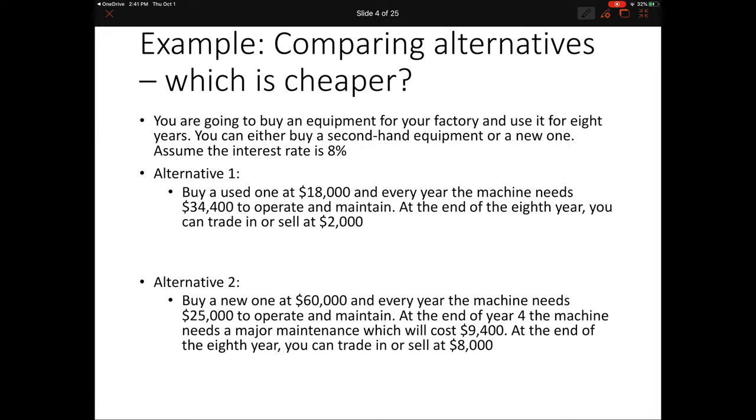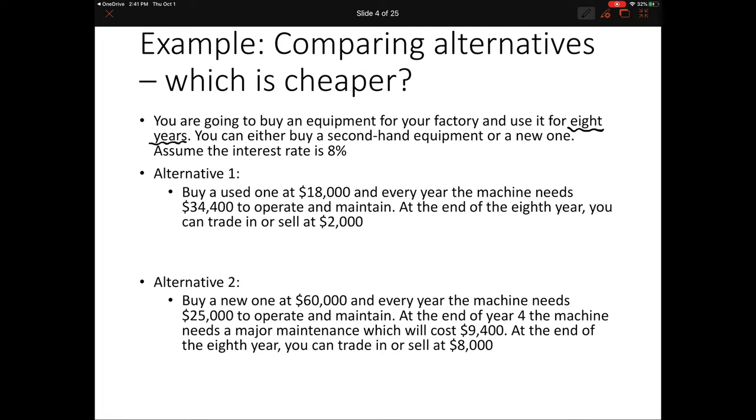Maybe an excavator. You either want to buy it or lease it or just rent it from time to time. You have different options. So here, just imagine you are going to buy an equipment, maybe an excavator, for your factory, for your construction company, and you want to use it for 8 years.